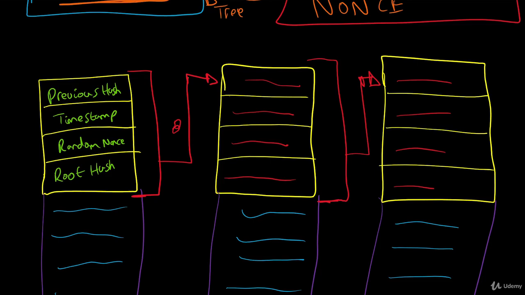You might have one question in your mind, and that is, what about this second block in blockchain? The first block, the first block in blockchain, where does that get its previous hash from?